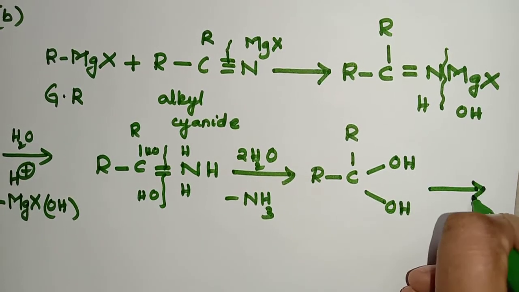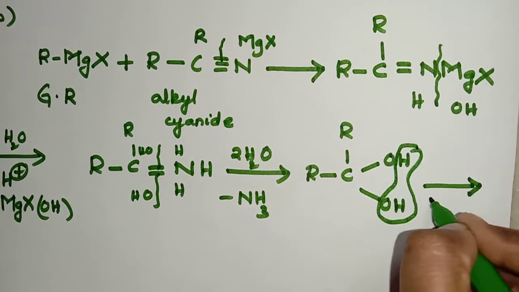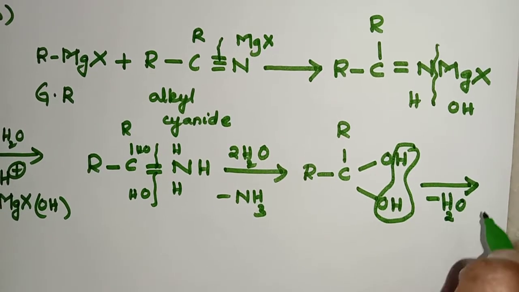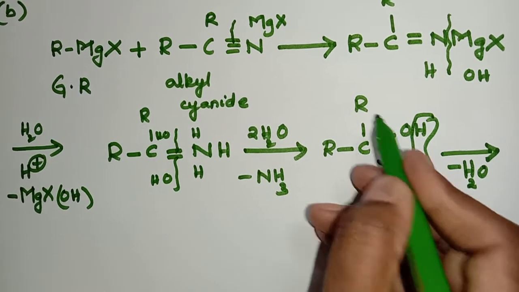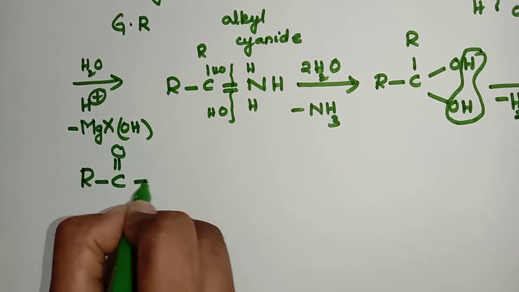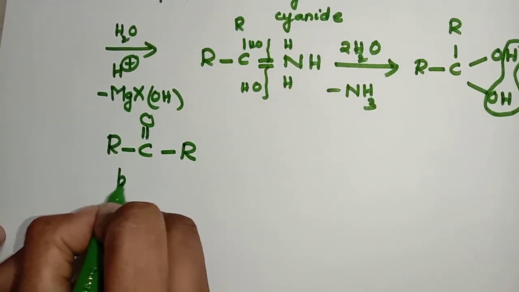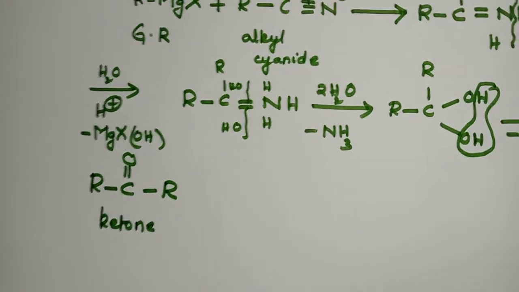Two OH groups on a single carbon is unstable. So H2O comes out and what remains? R C double bond O R. That is a ketone. So this is the way we prepare ketones from Grignard reagent.